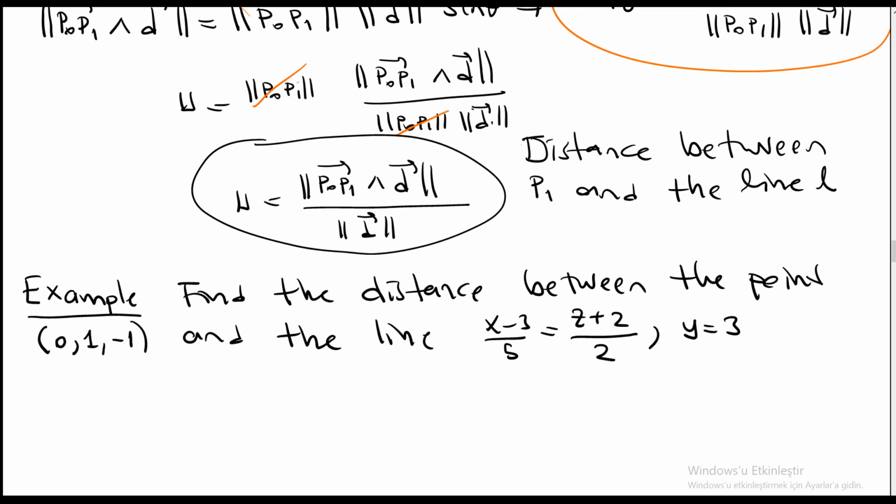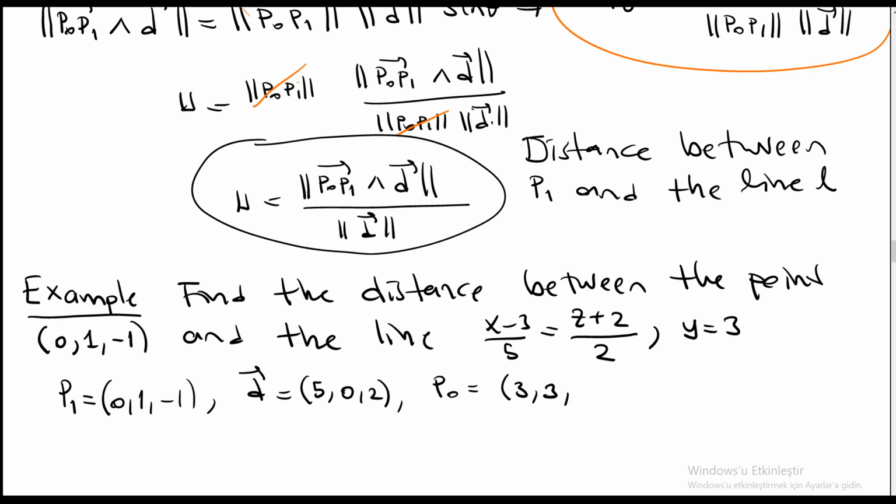Okay, now our P1 is this one, 0, 1, negative 1, this is P1. So D will be this one, 5, 0, 2, and P sub 0 will be 3, 3 and negative 2.